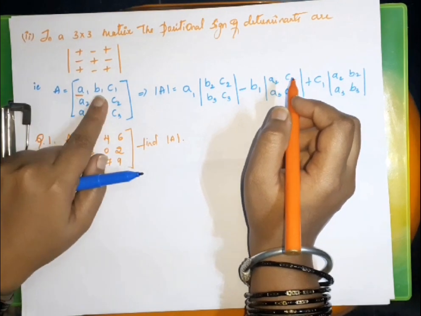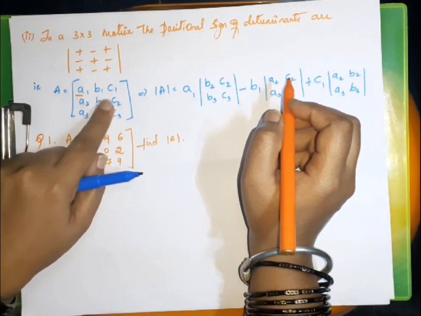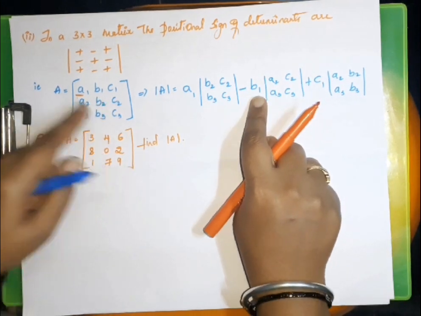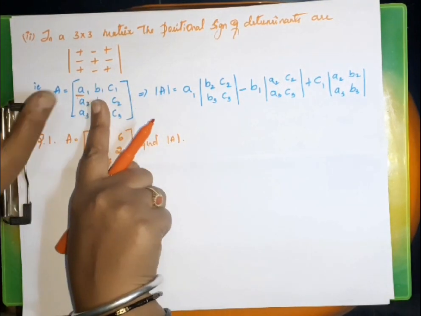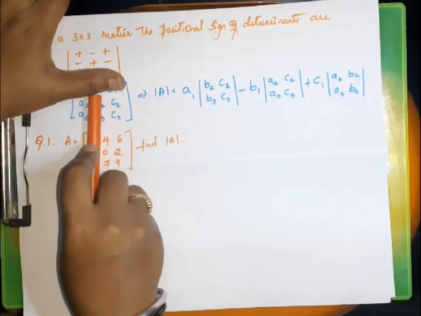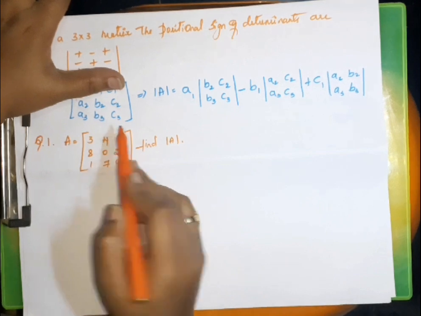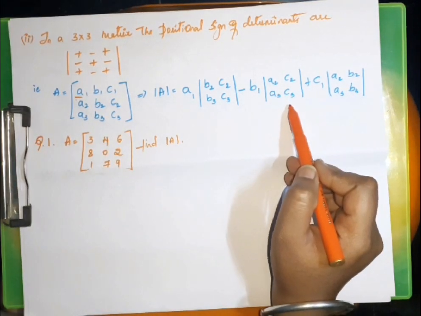Considering B1, that particular row and column should be eliminated. Whatever elements remain, that is A2, C2, A3, C3, have to be written there.